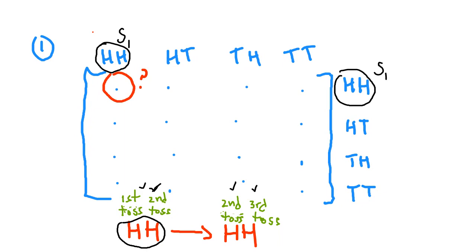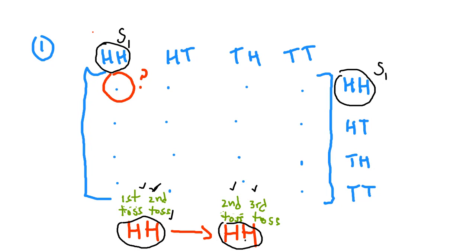If you're going from state one to state one, you flipped the first 2 flips of the coin and got heads. So now when you flip the coin the third time, your previous 2 tosses were a head and a head. Now you flip the coin on your third toss, and you get a head.